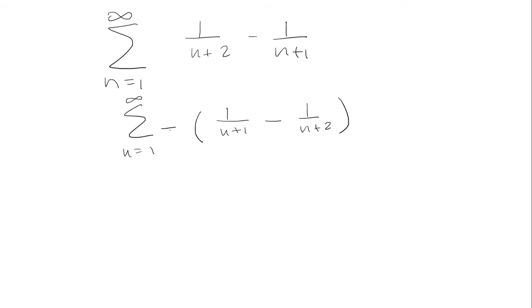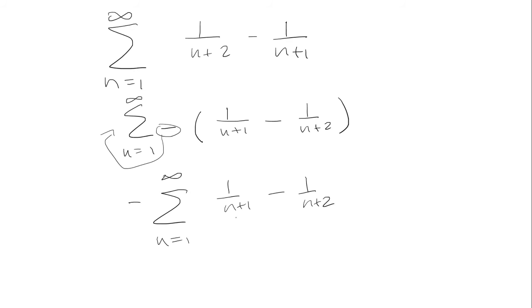And then I can go a step further and just factor this thing out. So now the first number is greater, so this is greater than 1 over n plus 2, and so we're back in the previous case.